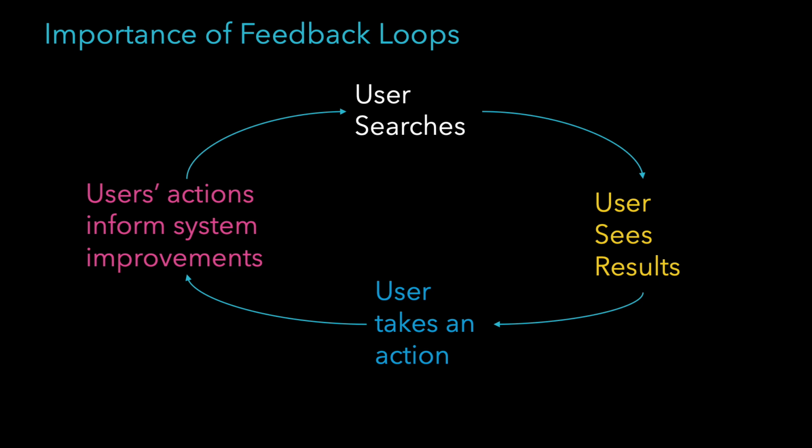A feedback loop is basically a user runs a search, they see some results, they click on or take some action based upon those results, and then those actions are used to build models that will influence future results. The next user who comes in will run a search, their results will appear different based upon that model, and you just have this constant feedback loop where things are hopefully improving over time.